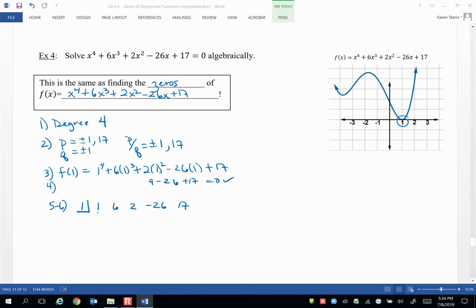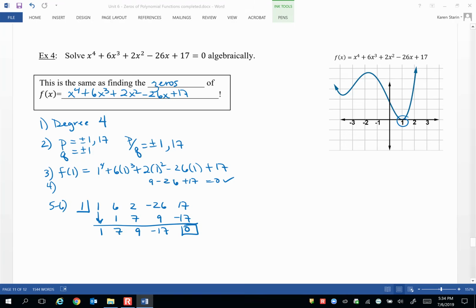We don't. So I'm going to do this fairly quickly because we've seen this a number of times already, and keep multiplying and adding. And we get 1 times a remainder.